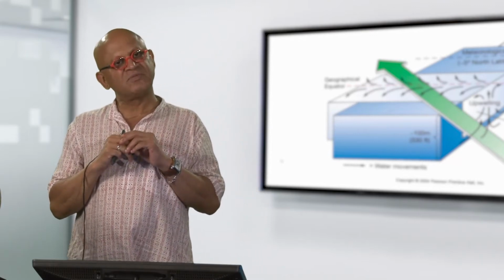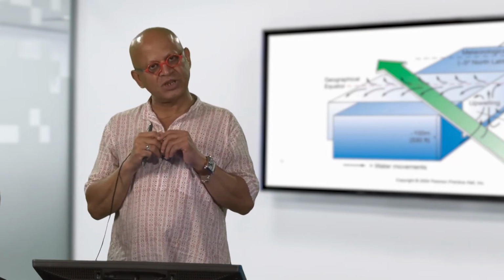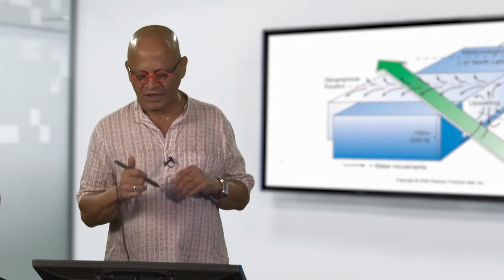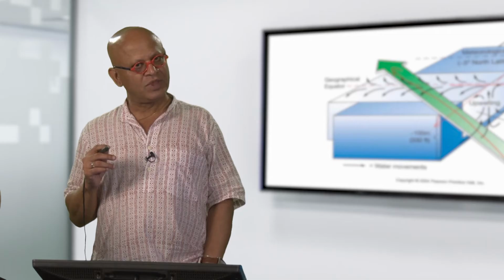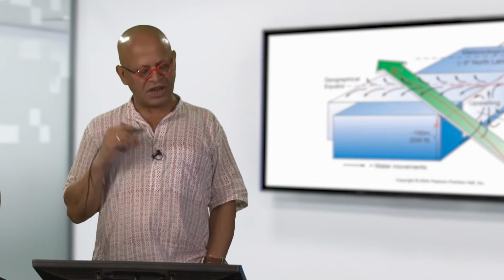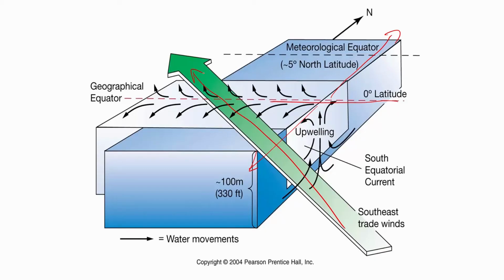This creates some very interesting processes in the ocean, one of which is the upwelling. So, here we are looking at a section of the ocean where we have the equator in the middle. This is the direction towards the north, and this is the direction towards the south. Okay? And I am showing here the trade winds in a big green arrow, and we will learn about trade winds in another module, but basically they are winds coming from the southeast and going towards the northwest.